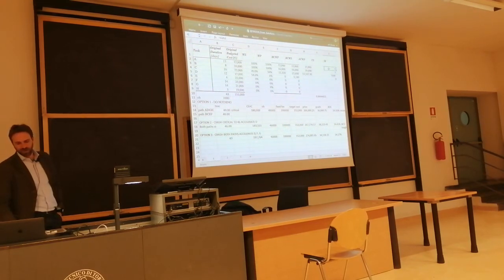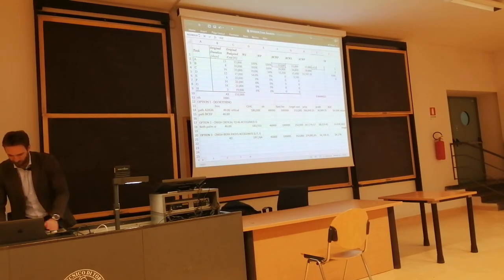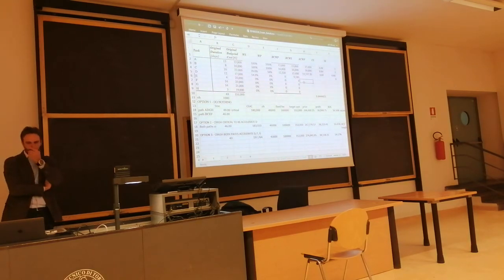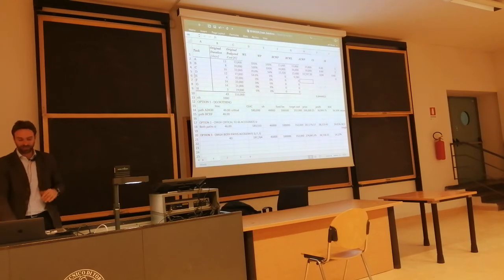Let's calculate the schedule index. I didn't calculate the cost index, so let's calculate the cost index also. My first step is to calculate the schedule index and cost index for all tasks so far, and tasks so far are A, B, C. What about D?